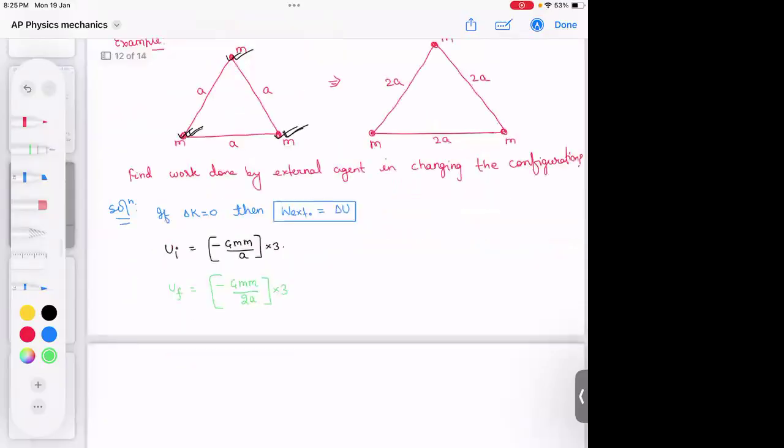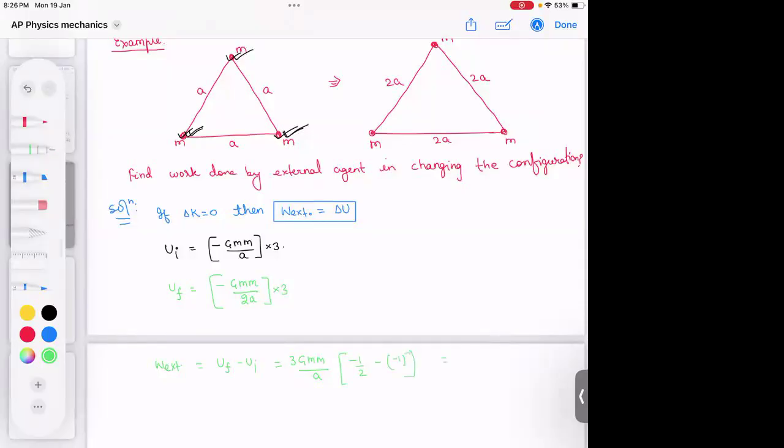So what is going to be the work done by external agent then? Work done by external agent we can write as change in potential energy, U final minus U initial. Just check it once. We can take common 3 G M m by A. So U final is minus 1 by 2, minus U initial, minus 1 will come, right?